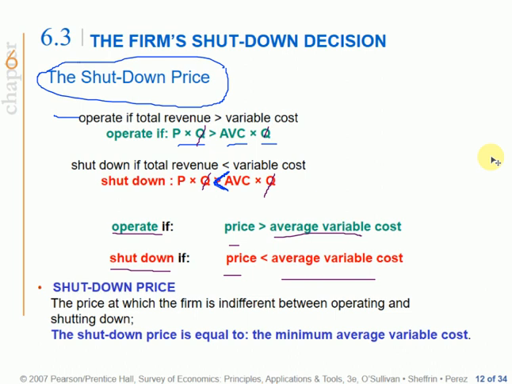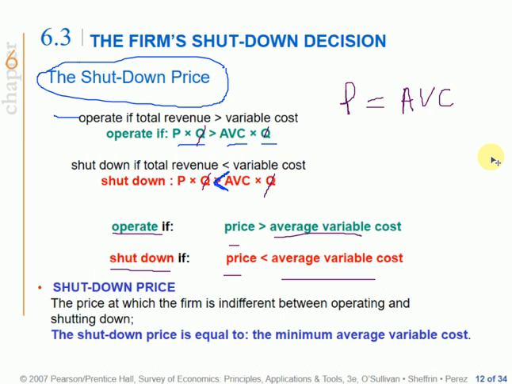So, we can define the shutdown price as the price at which the firm is indifferent between operating and shutting down. That means when the price is equal to the average variable cost, you can shut down or you can continue to operate. Now you are indifferent.